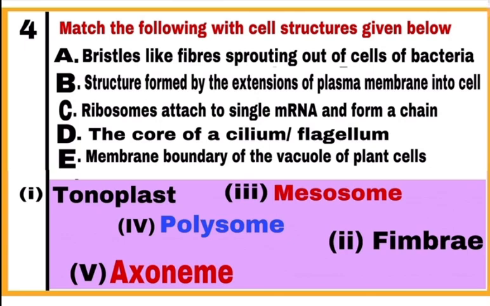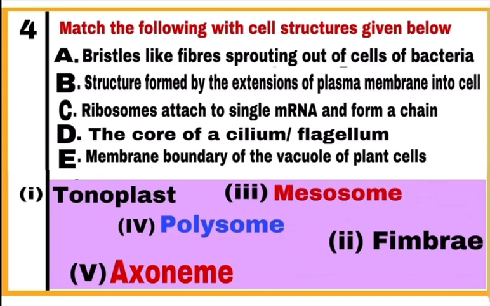Mesosomes are formed by the extension of plasma membrane into the cell. C. Ribosomes attach to single messenger RNA and form a chain. Several ribosomes may attach to single messenger RNA and form a chain called polysome or polyribosomes.